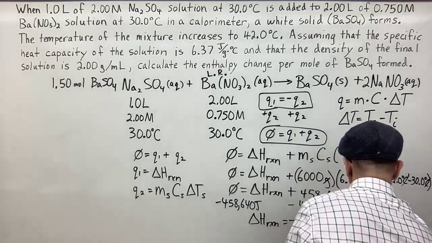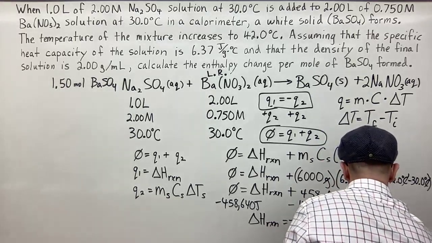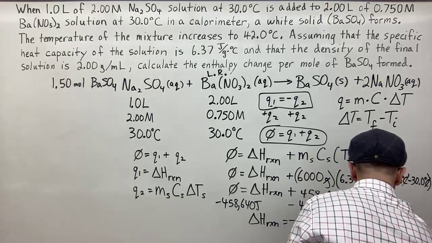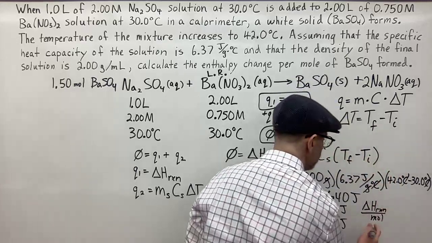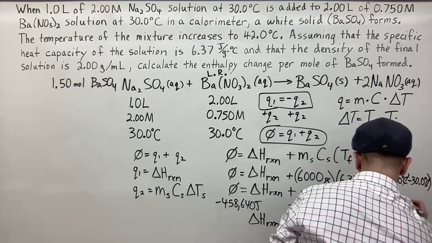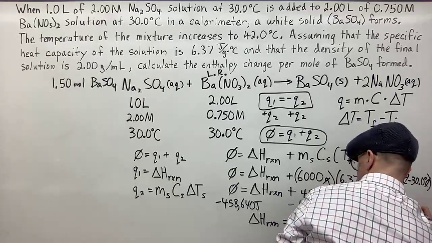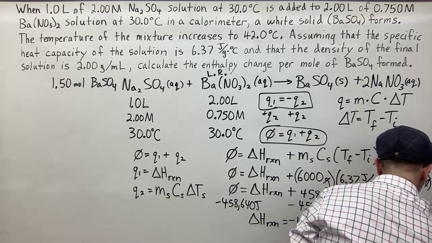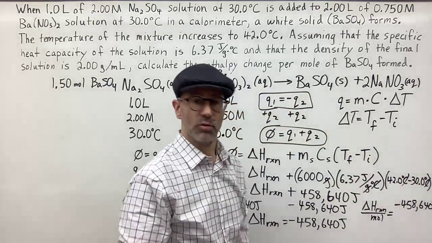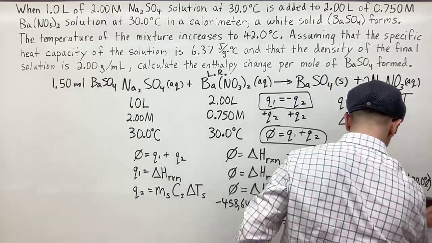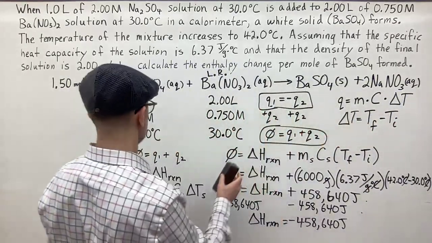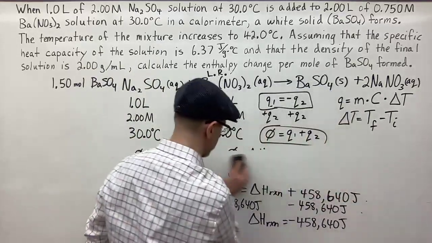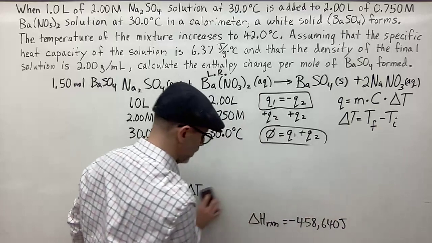So the delta H of the reaction per mole is going to be equal to negative 458,640 joules. Let me erase this so I can have space. We don't need that anymore.